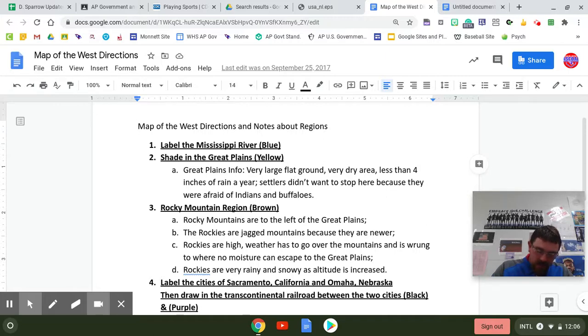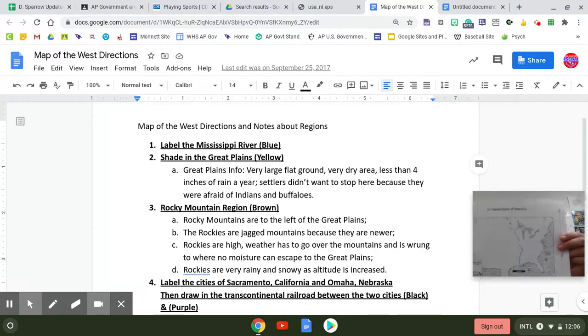The Mississippi River actually comes through and is a very short border on Kentucky, and is going to run out into the Gulf of Mexico. So here you can see where the Mississippi River is at.